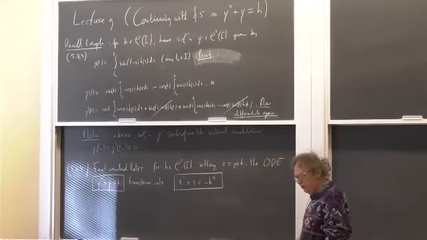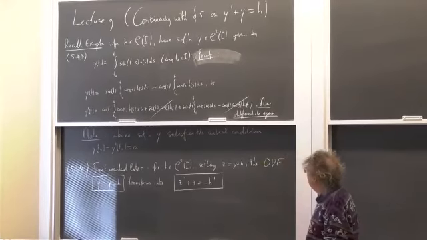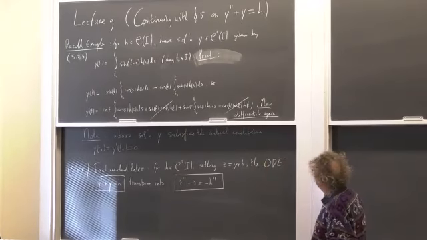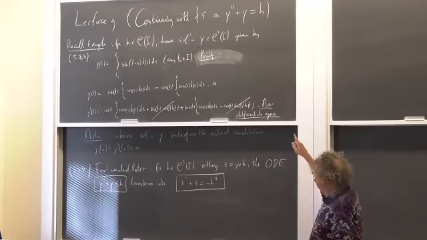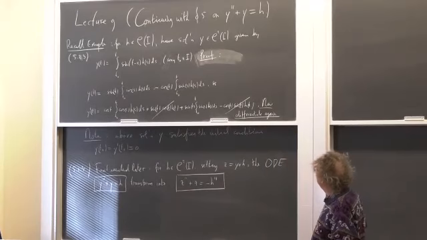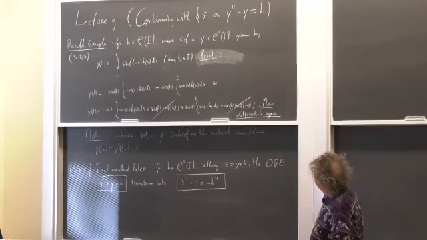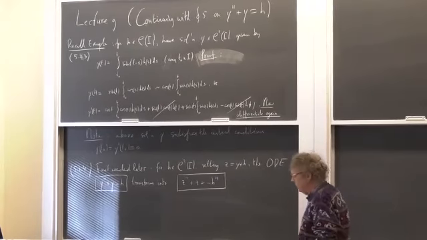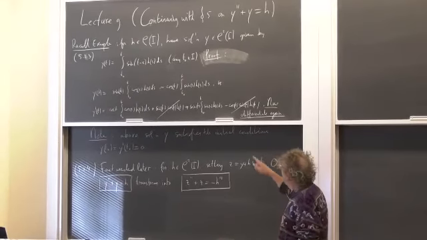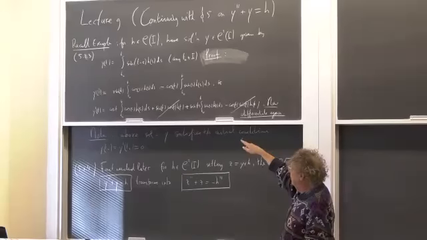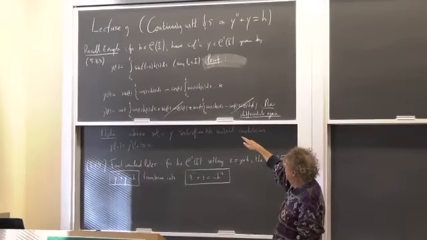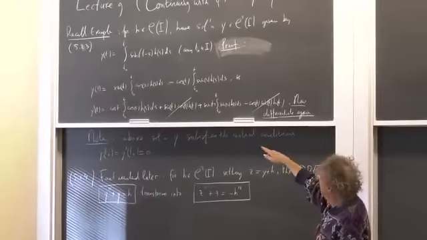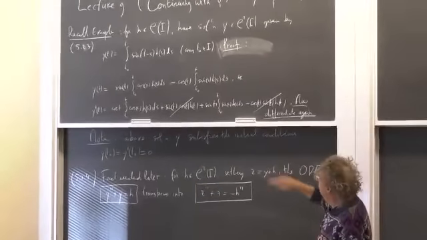So we have a continuous function h on the interval I, and then we can actually specify a solution, little y, which of course has to be twice differentiable, and we can write down an explicit formula in terms of an integral, which is written there.